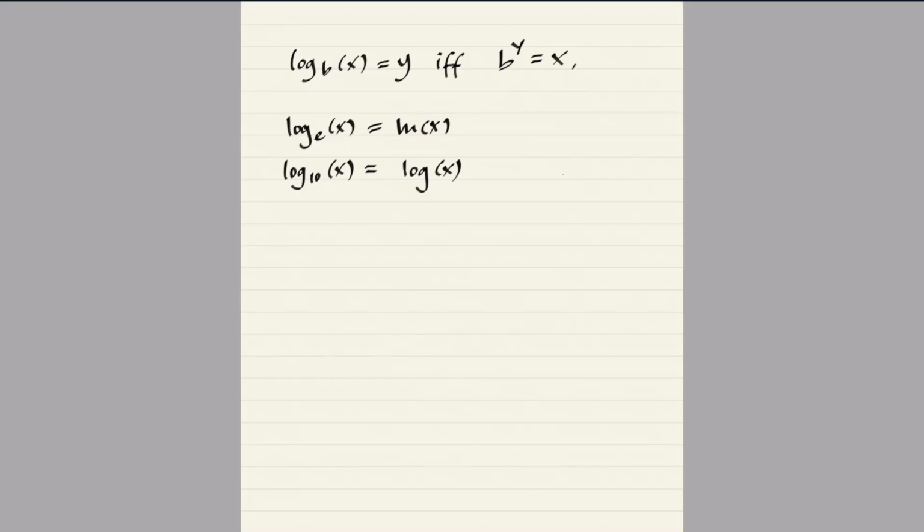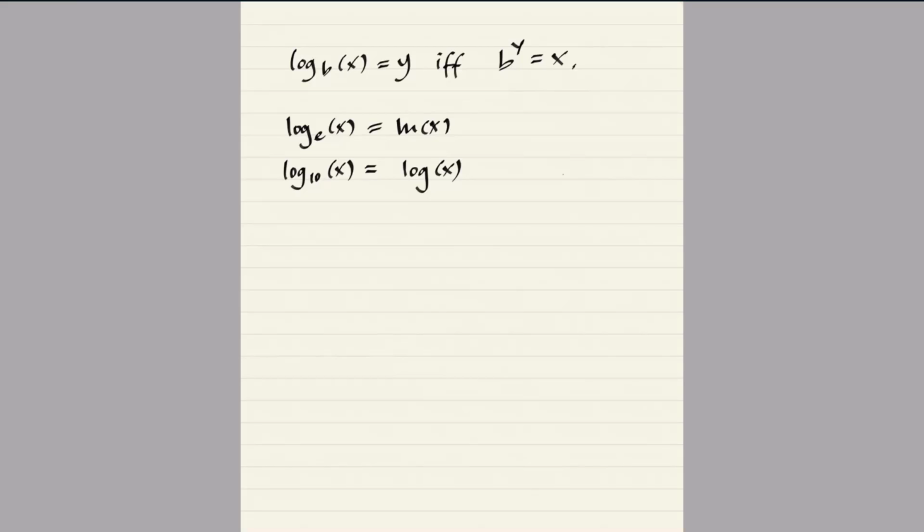Now, as far as the notation, it's also helpful to remember we use a variety of different ways of writing log functions. So for example, if you're talking about log base e, of course being the natural base, we typically don't write it as log base e. We write it as ln of x. And the reason is because ln is an abbreviation for the Latin expression natural log.